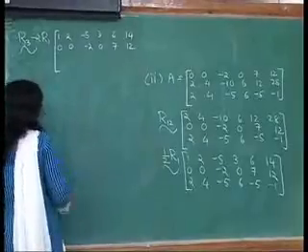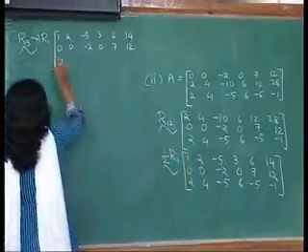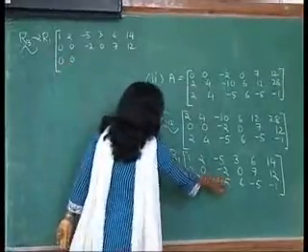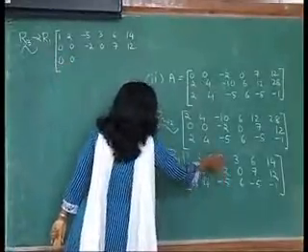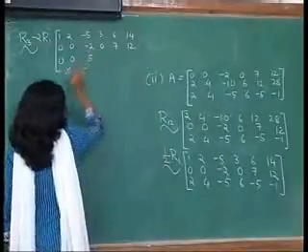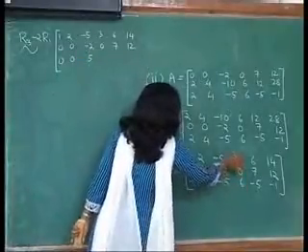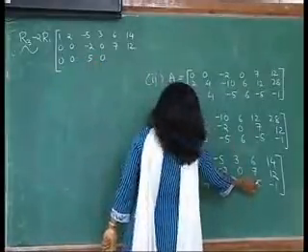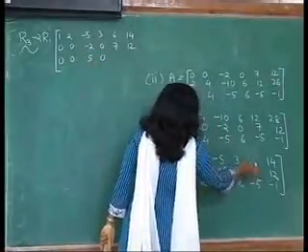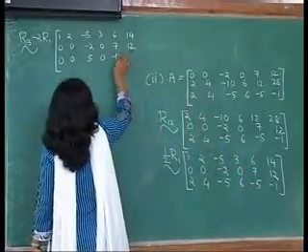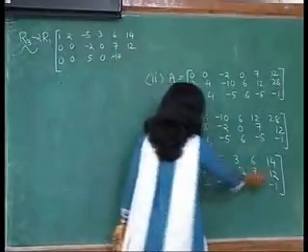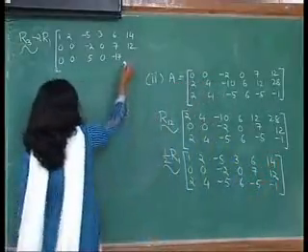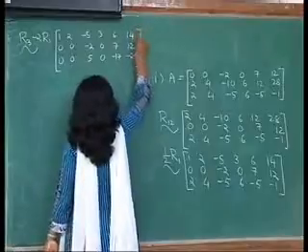Then we have 2 minus 2, 0. 4 minus 4, 0, minus 5 plus 10 is 5, 6 minus 6, 0, then minus 5 minus 12, that is minus 17, and minus 1 minus 28, that will be minus 29.